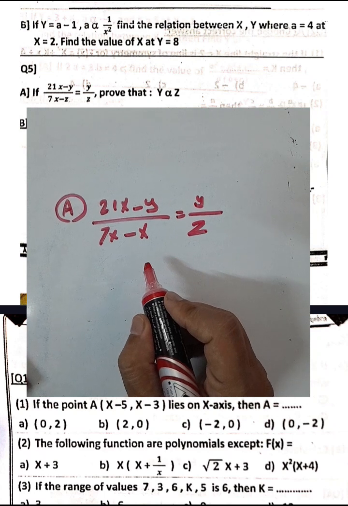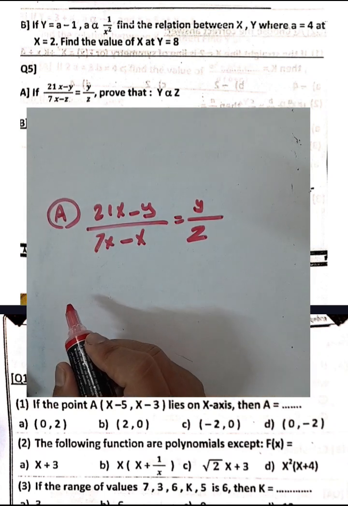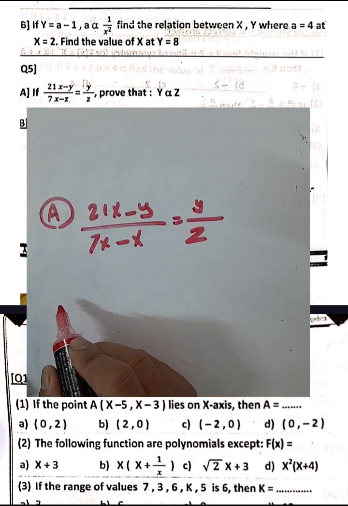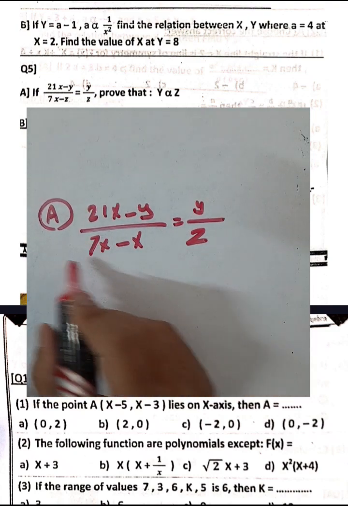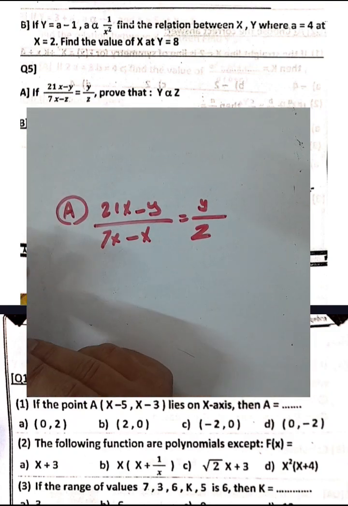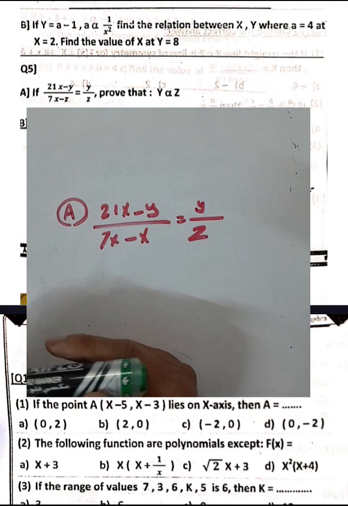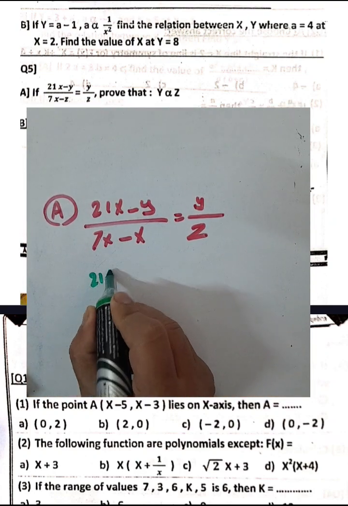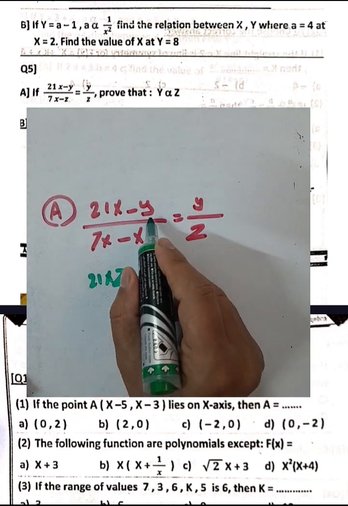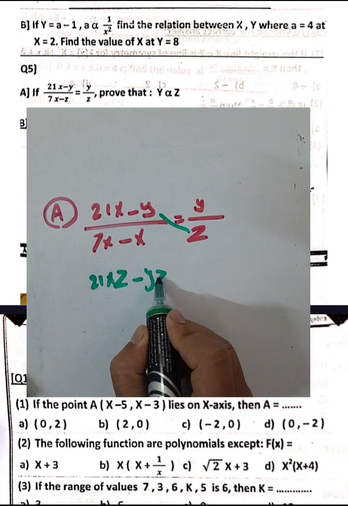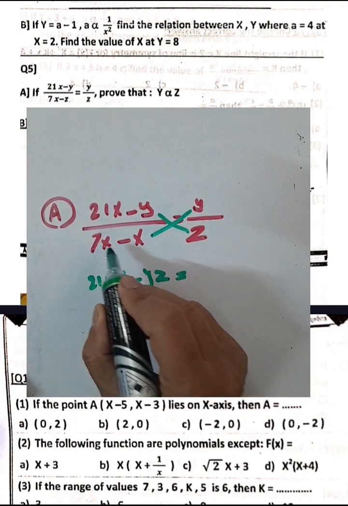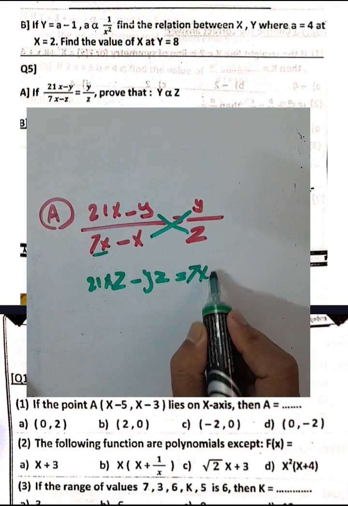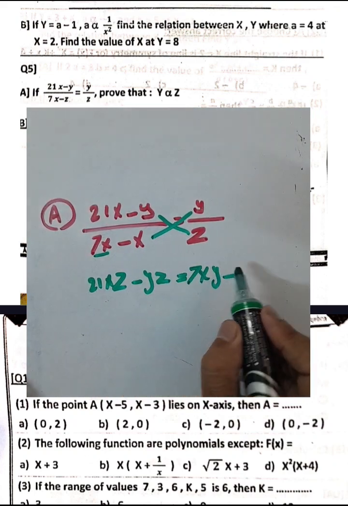Prove that y varies directly with z. We can use the property product of extremes equals product of means. 21x times z, write 21xz, subtract by yz. Cross here, y times 7x, it will be 7xy, y times x, it will be xy.